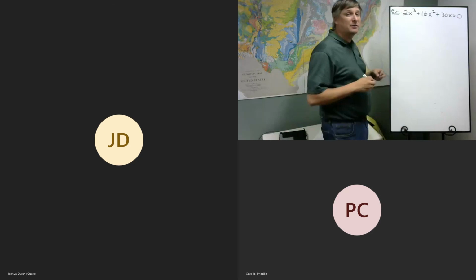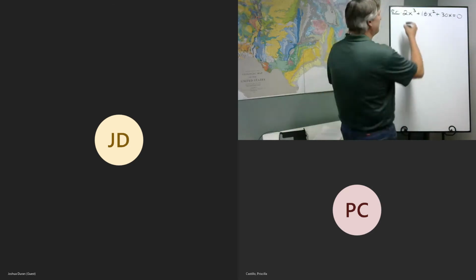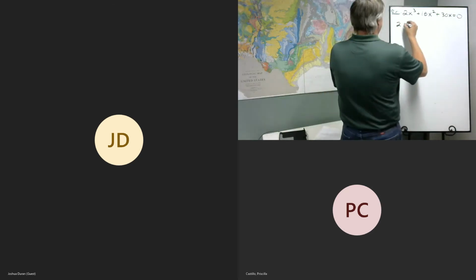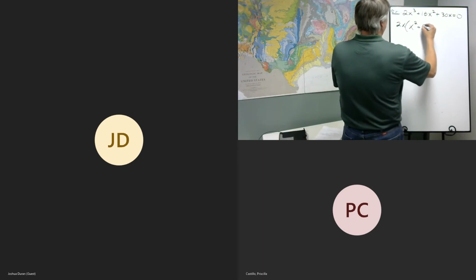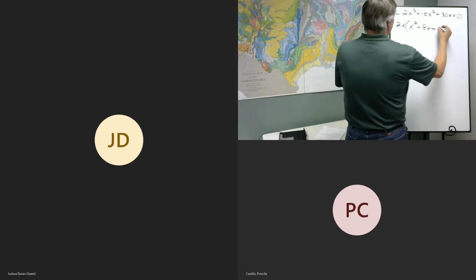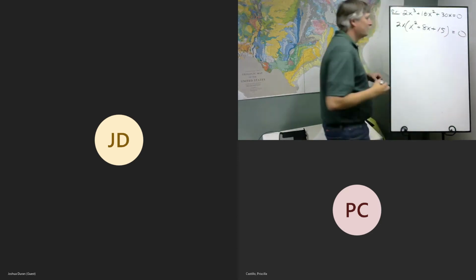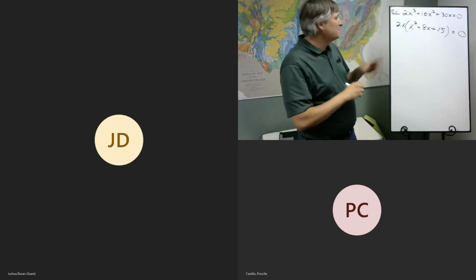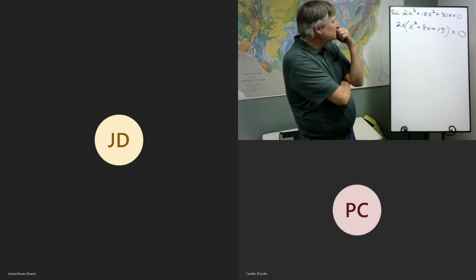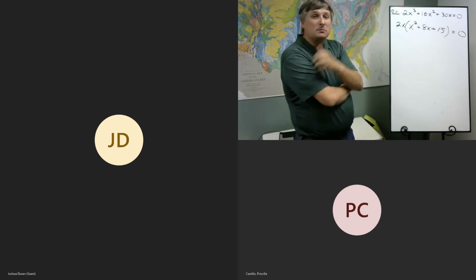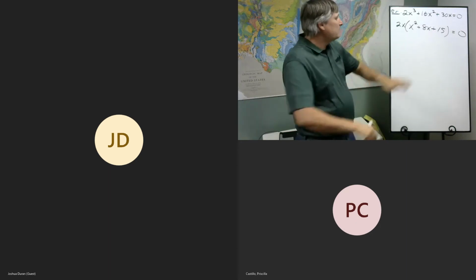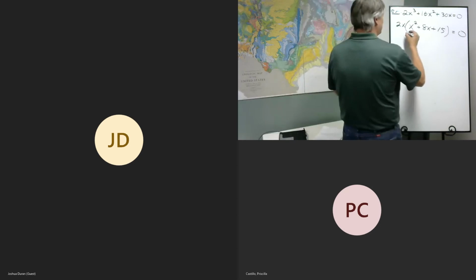Well, we could factor 2x from everything. So we've got that. Let me double check my math here. Okay. All right, seems to be okay. But then we can factor this as well.